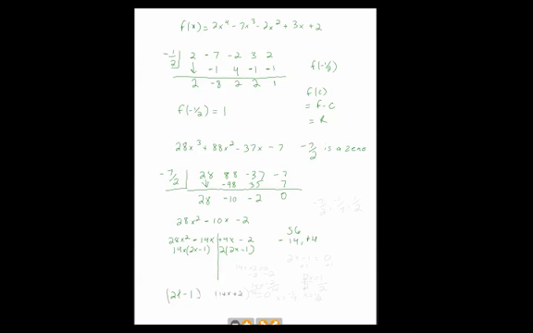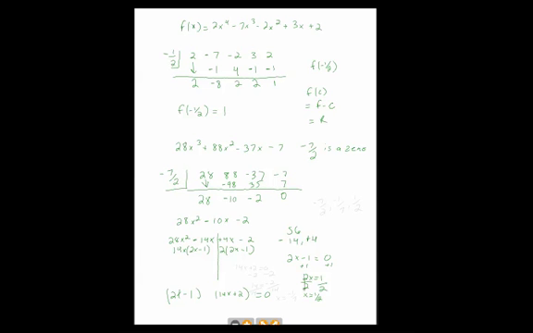Now, based off the zero product, you want to make both of these equal 0. So you're going to solve for one of them. You're going to say 2x minus 1 equals 0. Solve that, add 1 to both sides, which makes it a positive 1. You have 2x equals 1, divided by 2, x equals 1/2.